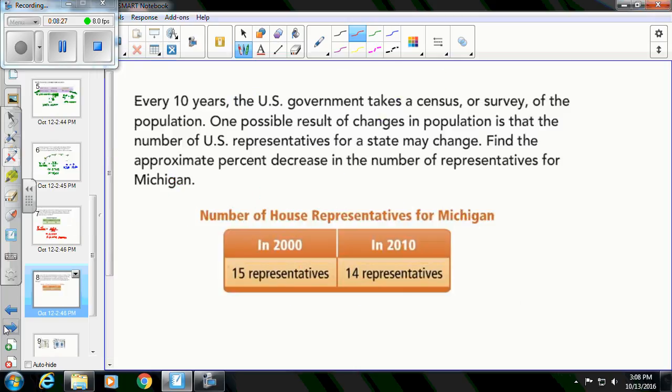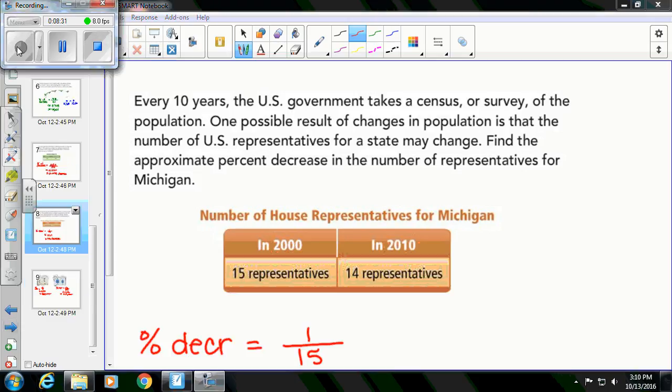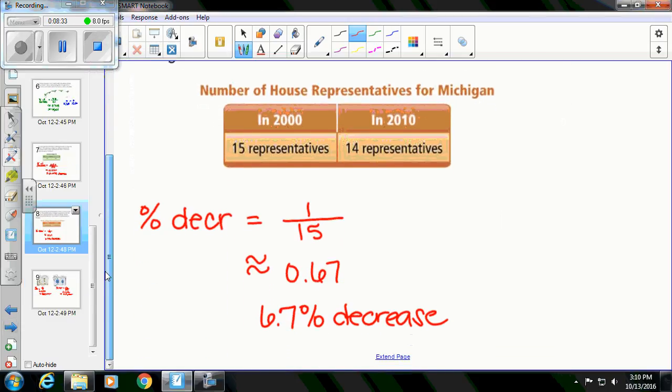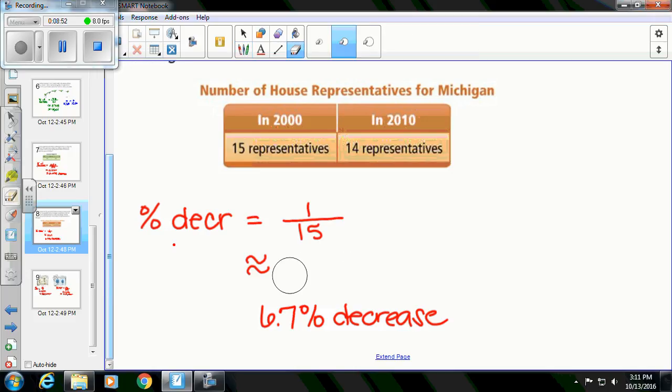All right, I want you to try the next 2 slides on your own. Okay, let's see how we did. The percent decrease, there's a change of 1 over the original 15. When I do my arithmetic, I get 0.067, which would be a 6.7% decrease.